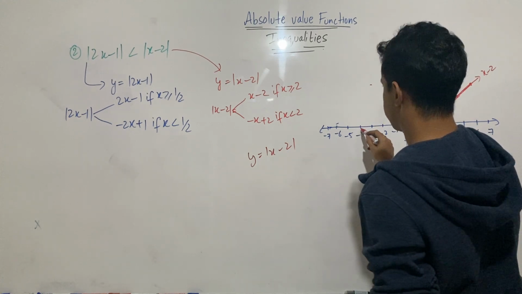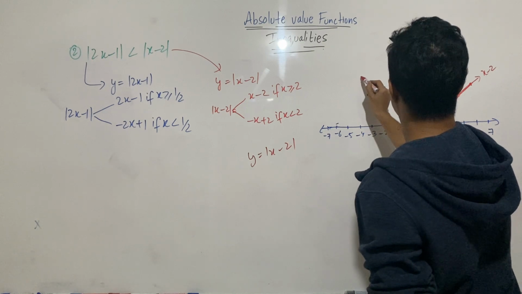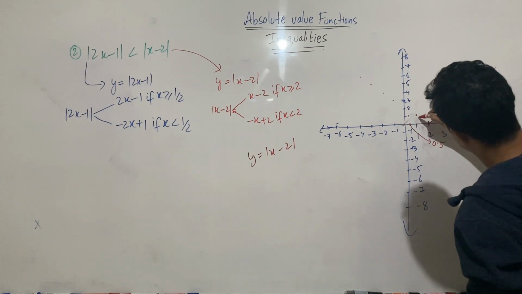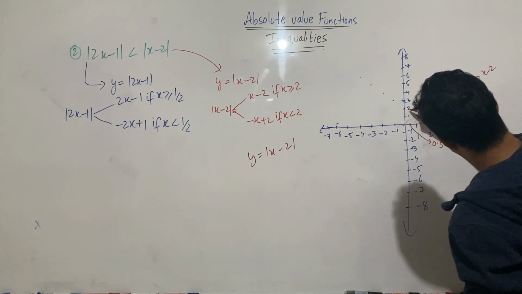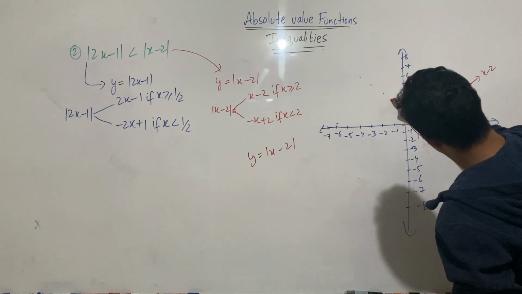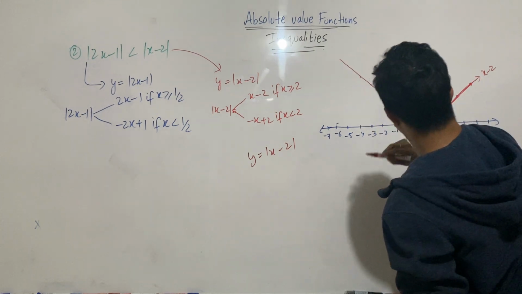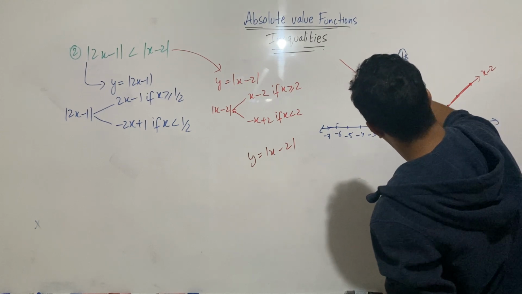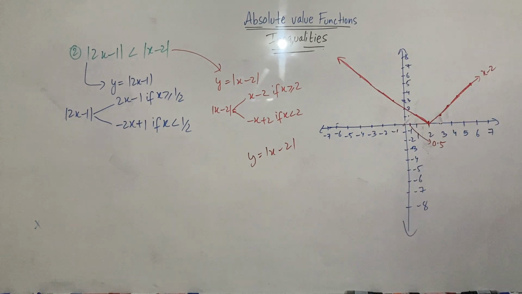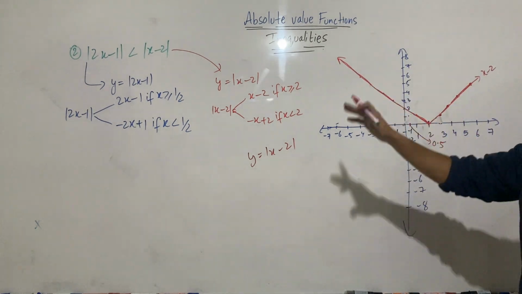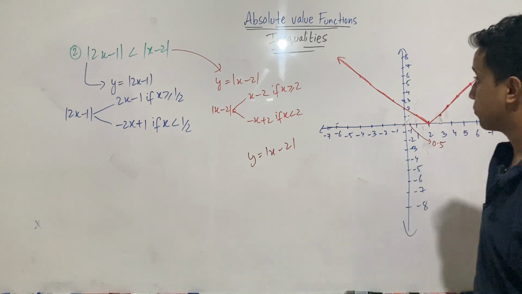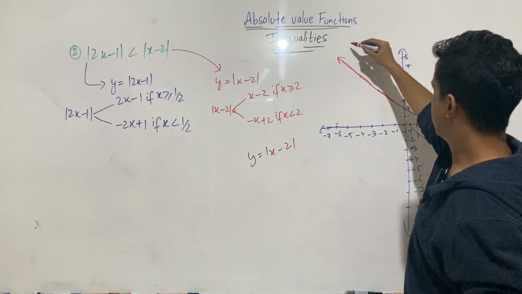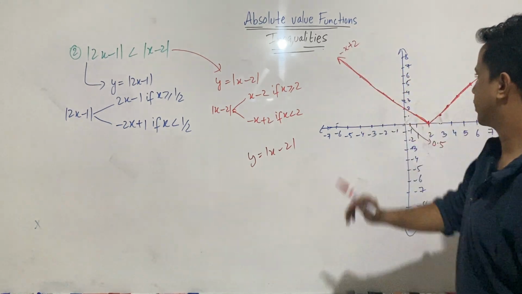Then for minus 4, 6. So if you join, what I did, I just traced all the points. So this is going to be minus x plus 2.